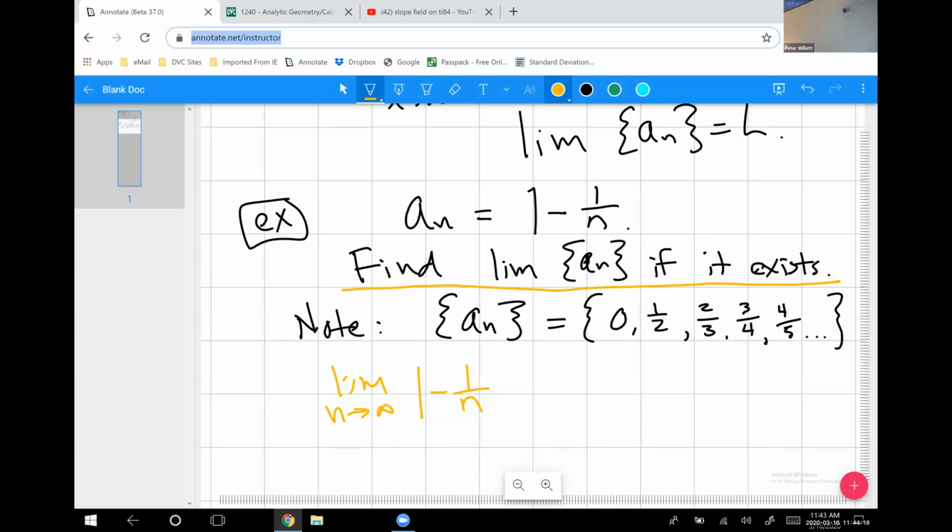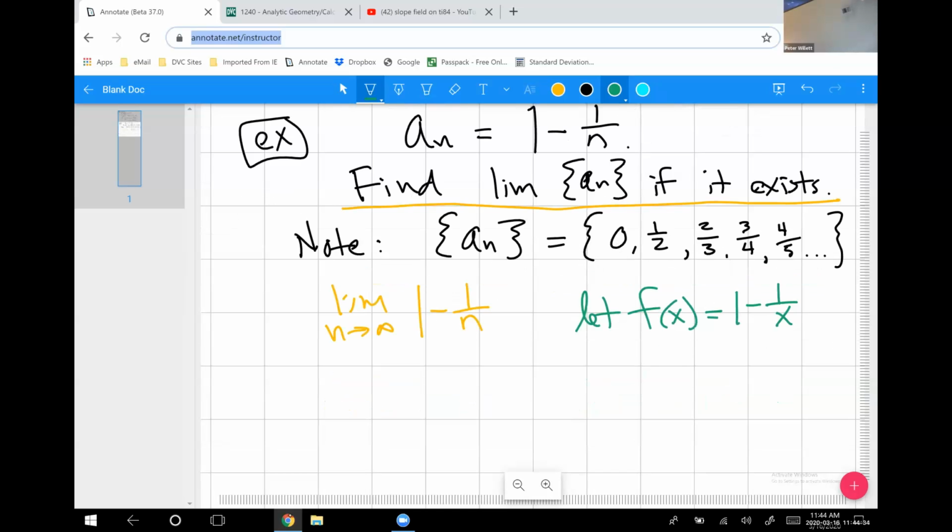But this is a little different than a function. But what Theorem 8.1 tells us is that since we can let f of x be equal to 1 minus 1 over x, and then we can see that for all whole integer values n, f of n would be the same as the sequence value with that n value.